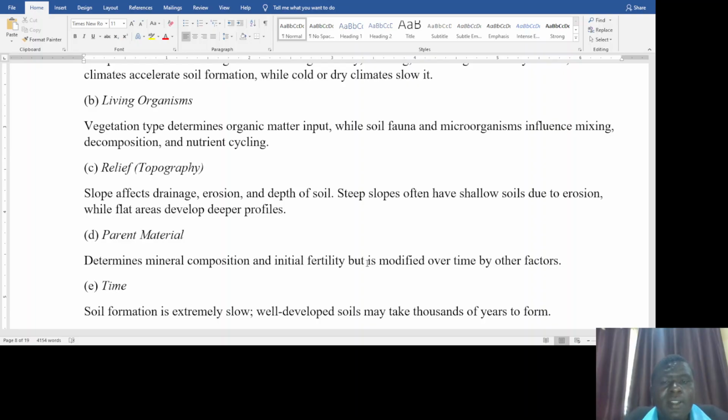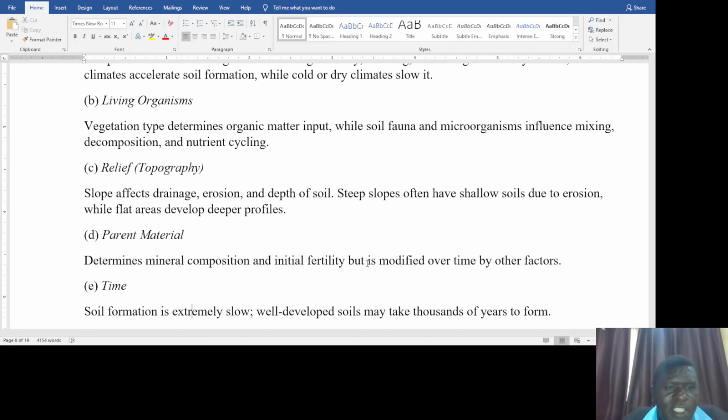Remember, some areas are hilly, some areas are steep, some are flat, while some have gentle slope. And when you assess each of them, you can actually tell that steep slopes often have shallow soils due to erosion, while flat areas develop deeper soil profiles due to less erosion and increased deposition.